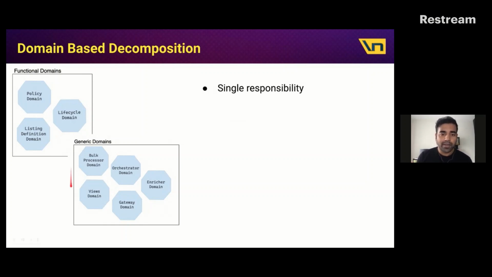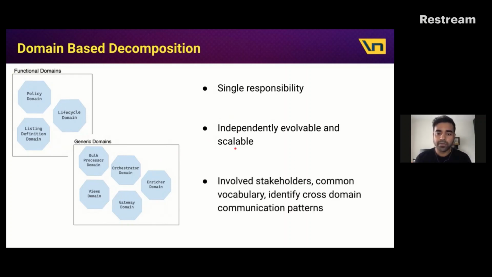These are supported by a variety of generic domains, and generic domains are technical domains. They help us complete the flow. If you look at all of these, they're independently evolvable, independently scalable, and most importantly, we had to involve a variety of stakeholders.